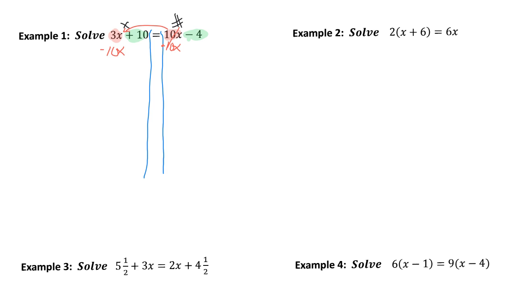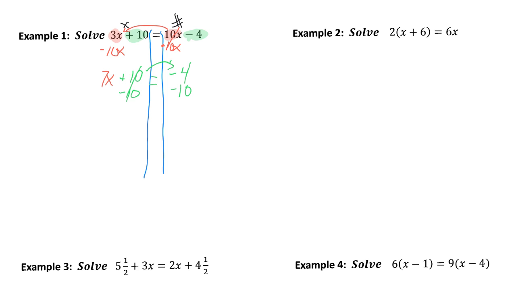And those cancel. So 3 minus 10x is 7x. I still have this 10 over here, so bring it along. My equal sign gets brought down. It's equal to negative 4. Now I need to make this 10 go to the other side, the right side. So the opposite of a plus 10 is subtracting 10.